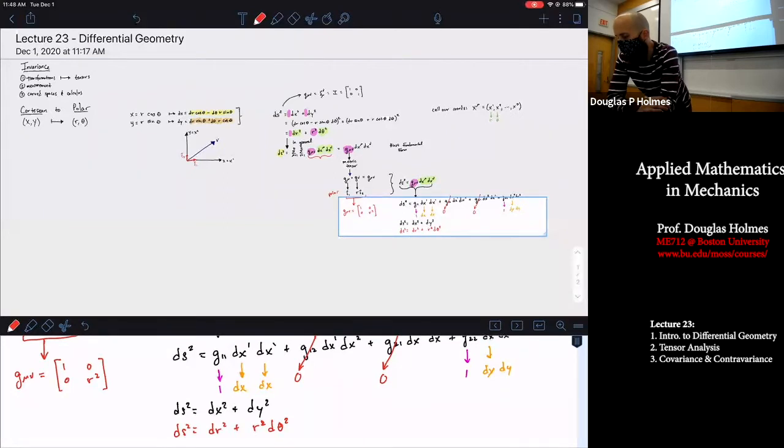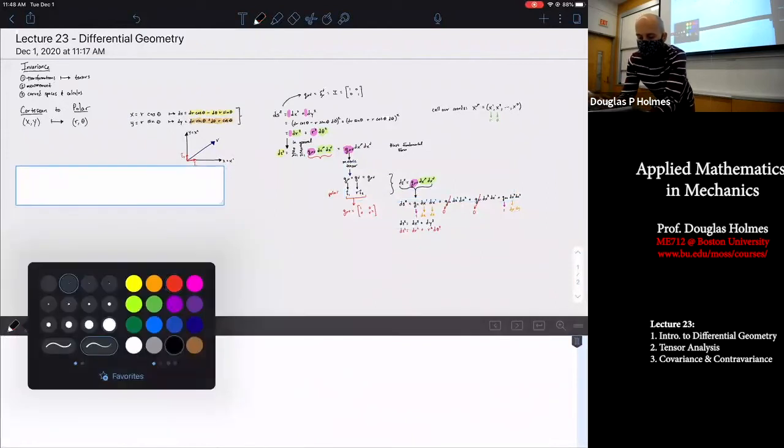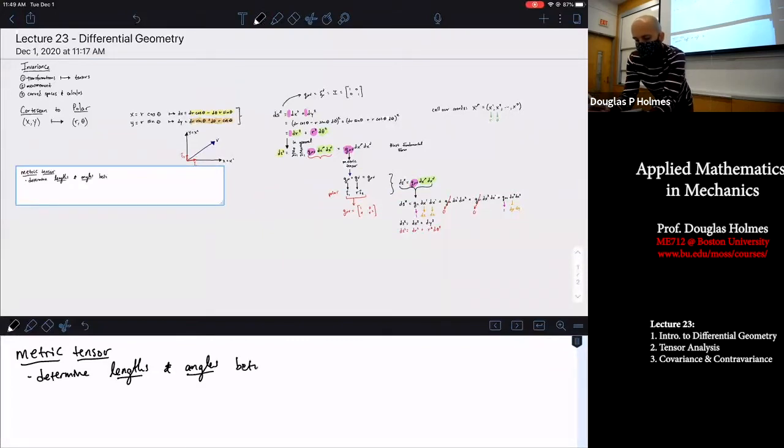So it's now time to talk about conceptually, what is this metric tensor doing? The metric tensor, and we'll come back to this a little bit, allows us to determine lengths and angles between, say, tangent vectors.